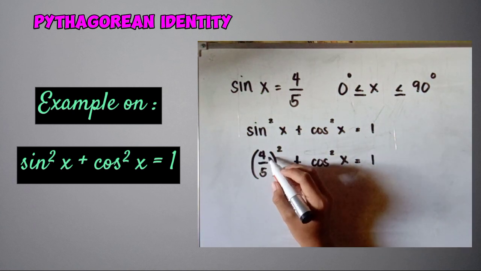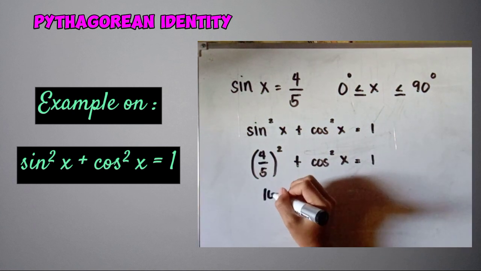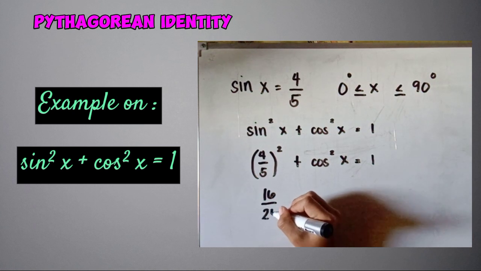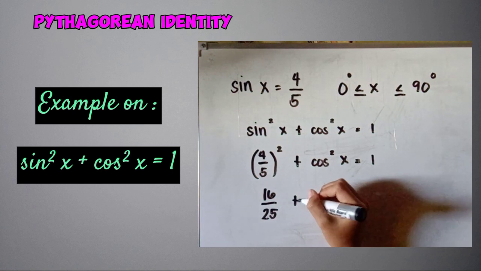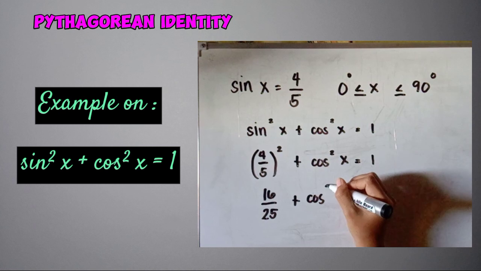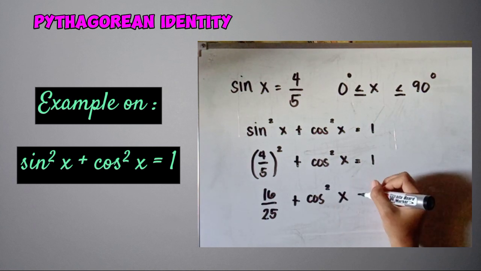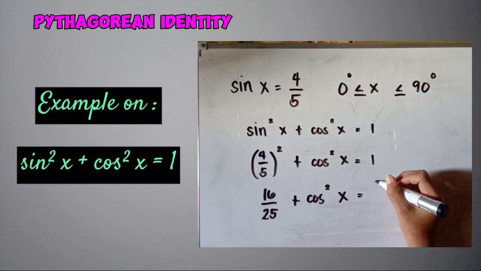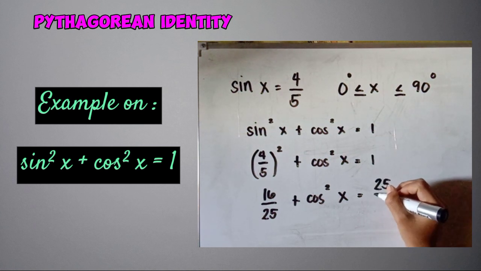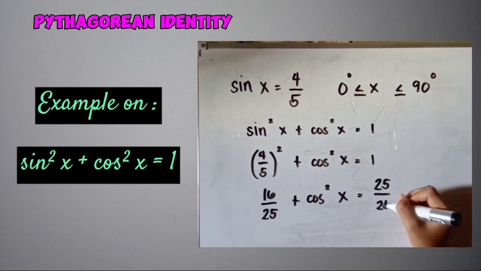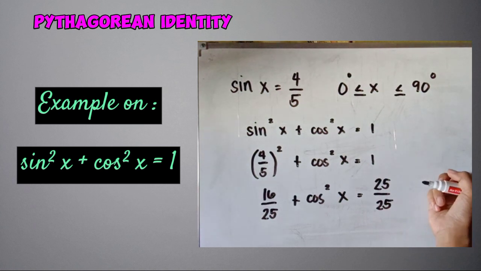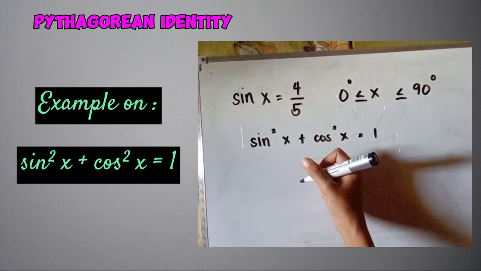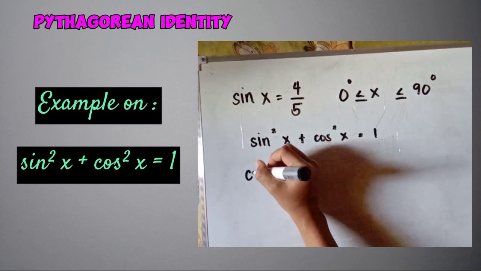After substituting, the value of sine squared x will be 16 over 25, from 4 times 4 and 5 times 5. Instead of writing 1, we will write 25 over 25 because we will subtract 16 over 25 from it to get our cosine squared x.